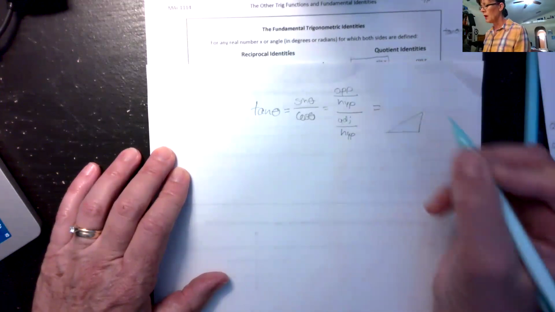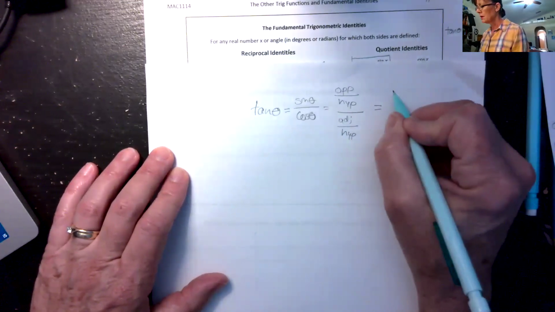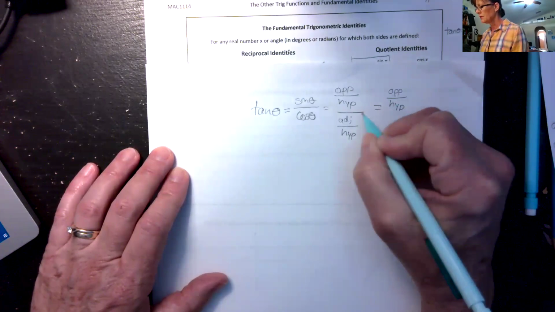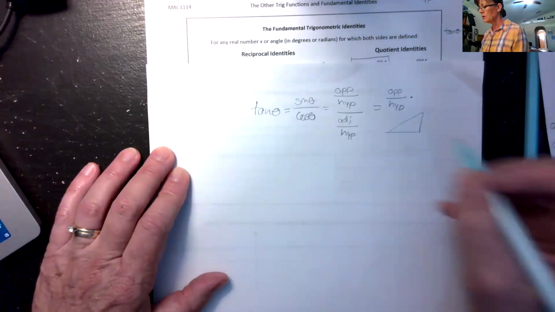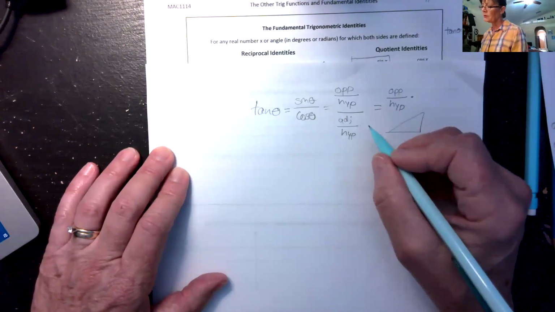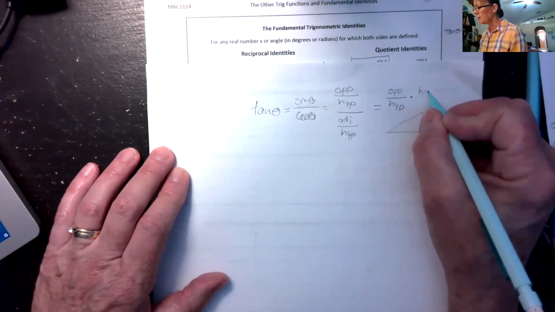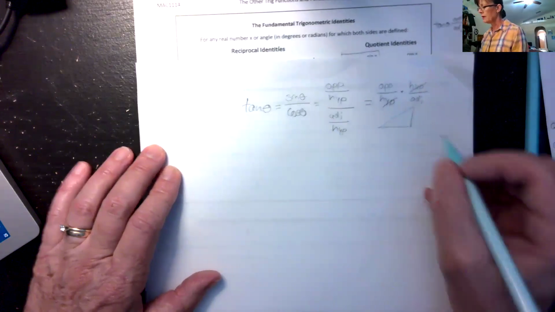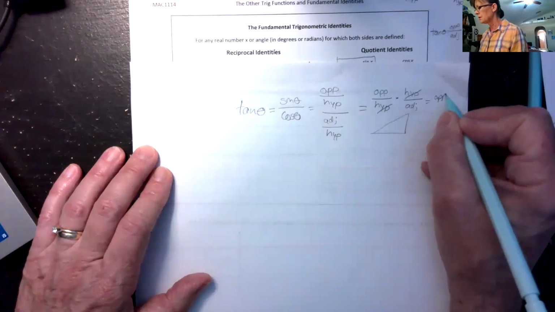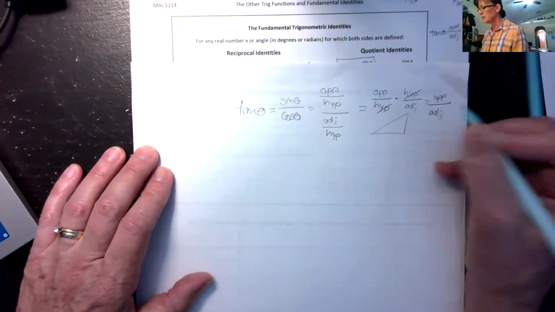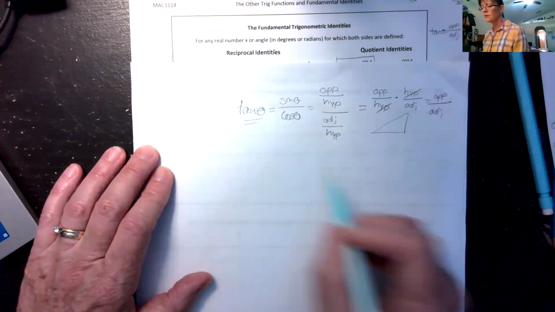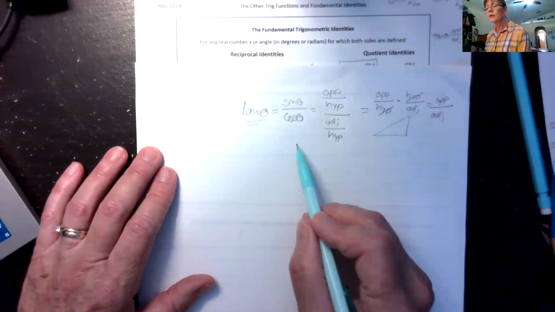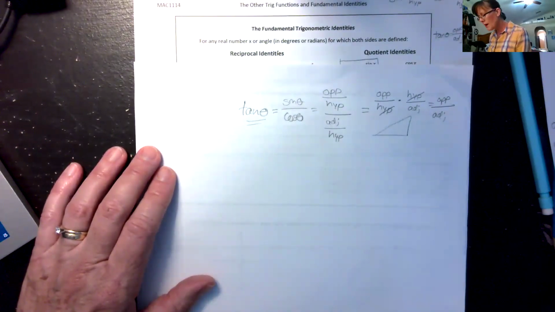If we do division of fractions, keep, change, flip: multiply by the reciprocal, hypotenuse over adjacent. These divide out and we get opposite over adjacent, which is what tangent is. So tangent is opposite over adjacent, but it also can be sine over cosine. That is a new identity.